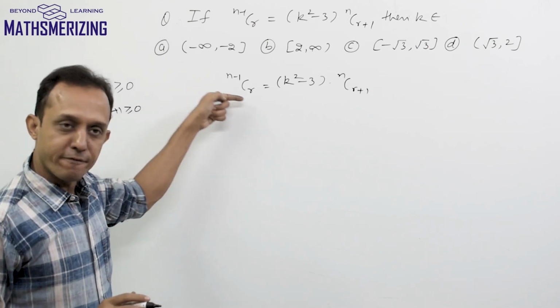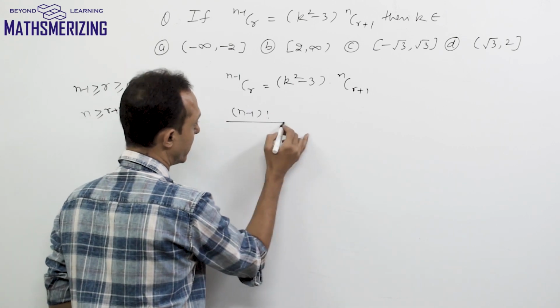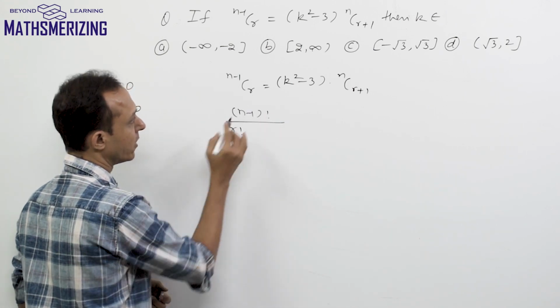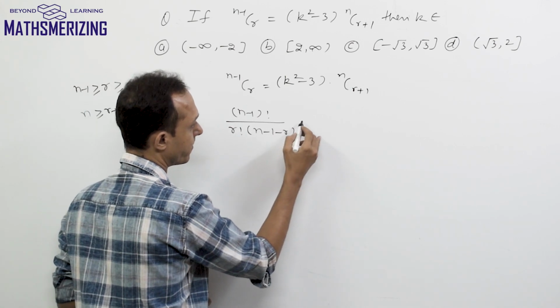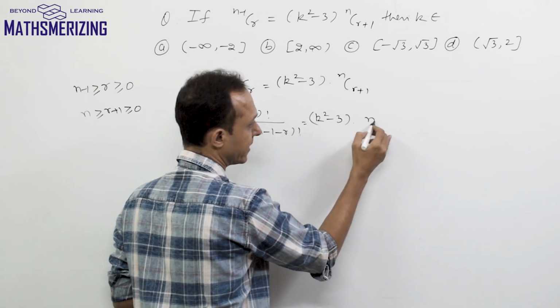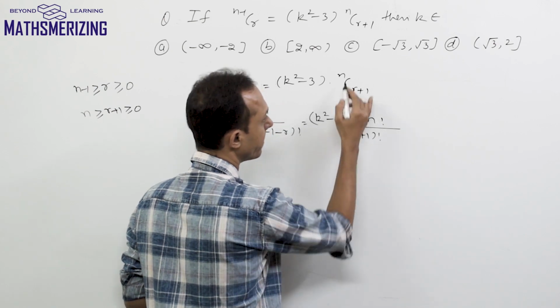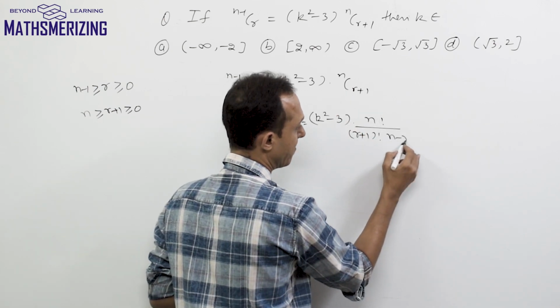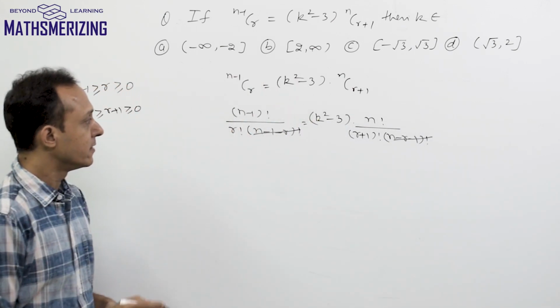Now I'll use the definition of nCr. So I can write it as factorial n minus 1 upon factorial r, factorial n minus 1 minus r, equals k square minus 3, into factorial n upon factorial r plus 1, factorial n minus r minus 1. So now here factorial n minus r minus 1 will get cancelled.